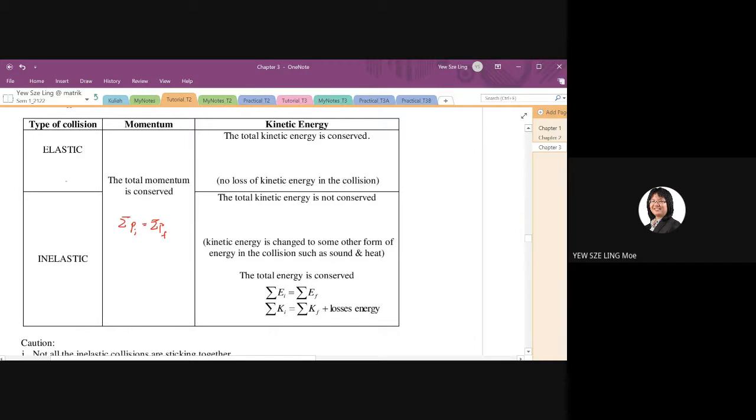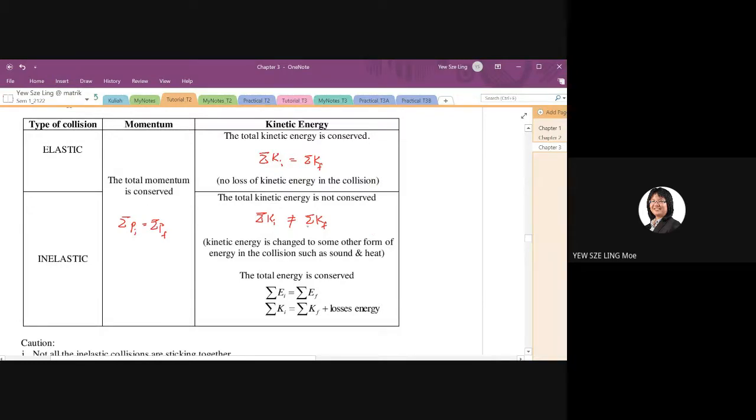For elastic collision, summation K initial equals summation K final, so there is no loss of energy. But if it is inelastic, then initial K is not equal to final K. That is the difference between elastic and inelastic.